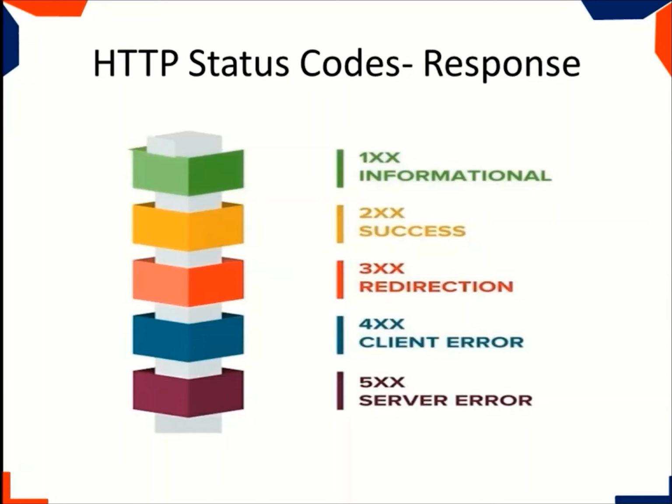Anything that starts with 4 is a client error. If you get something like 404, which is one of the most common errors, right? And if there is a server error, the number will start with 5. So let's see how these numbers work.